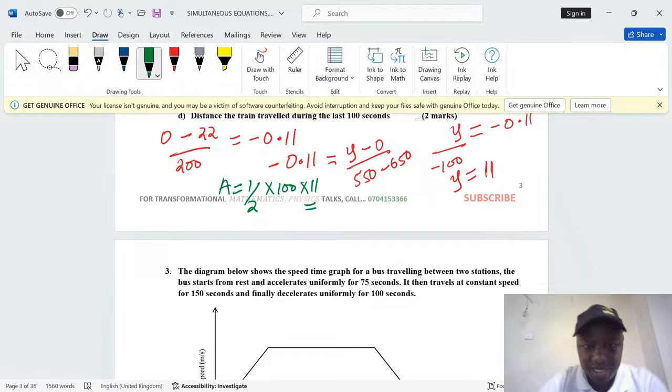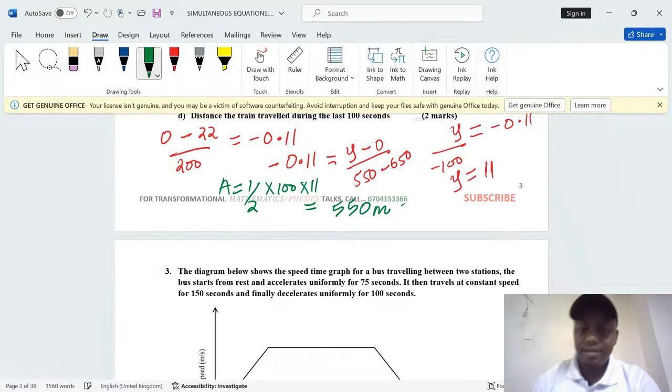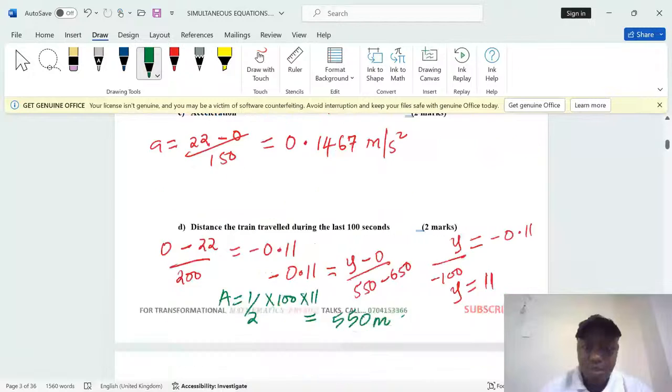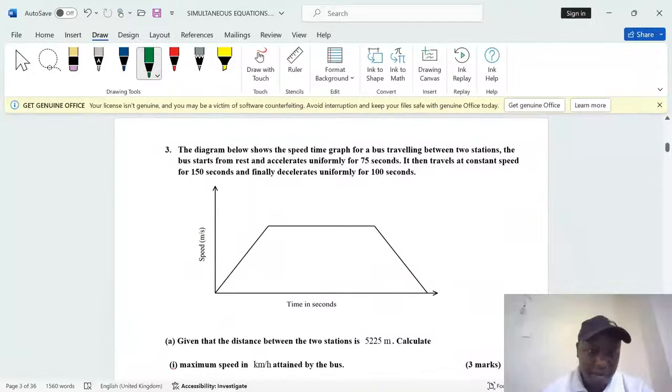When you divide, you get 550 meters. That is the distance covered in the last 100.